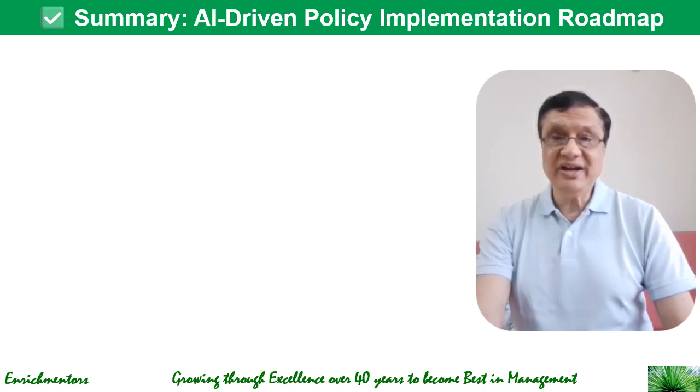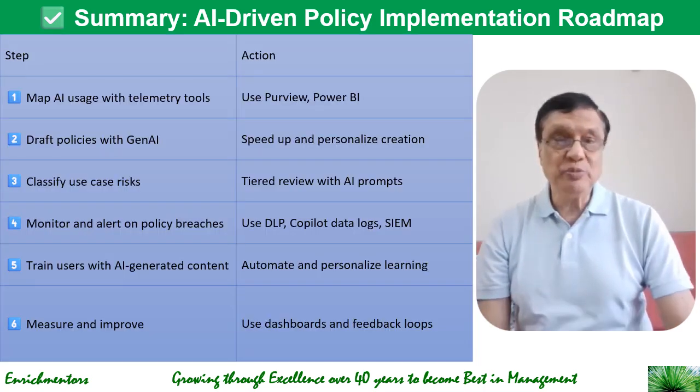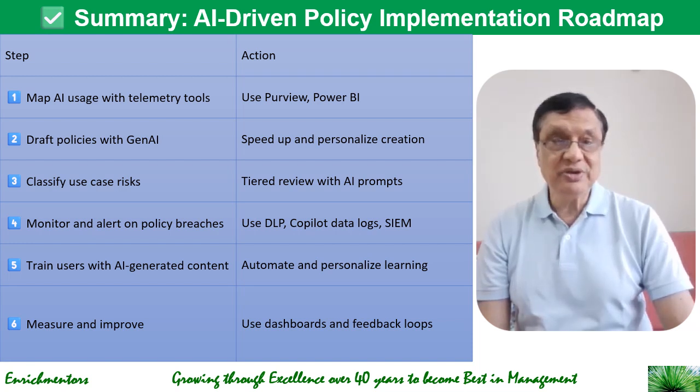Let's summarize the AI-driven policy implementation roadmap. The first step would be to map all AI usage with telemetry tools using Purview and Power BI. The second step would be to draft policy with GenAI, and that can speed up and personalize creation. Third would be to classify use case risks with tiered review with AI prompts.